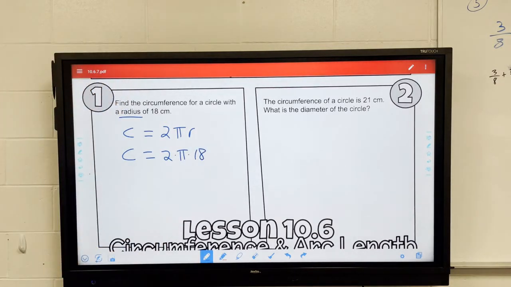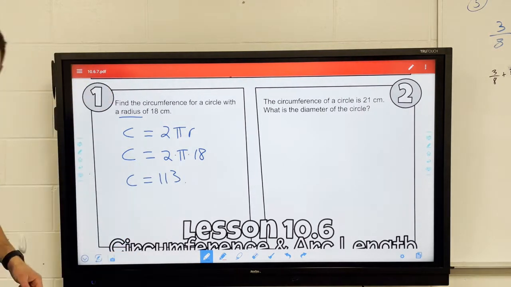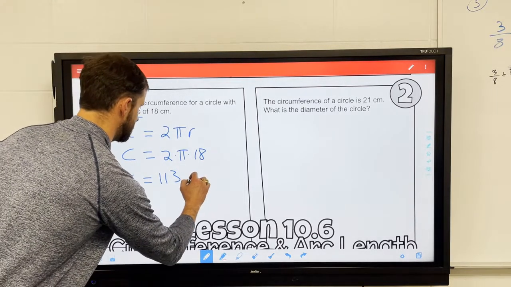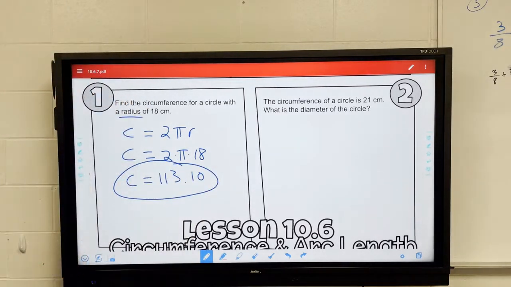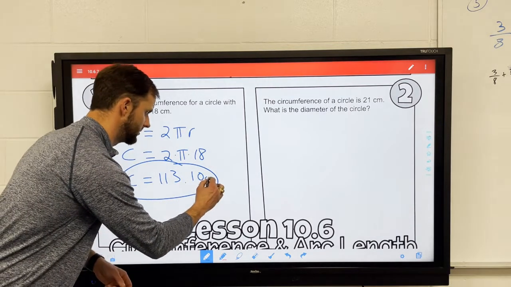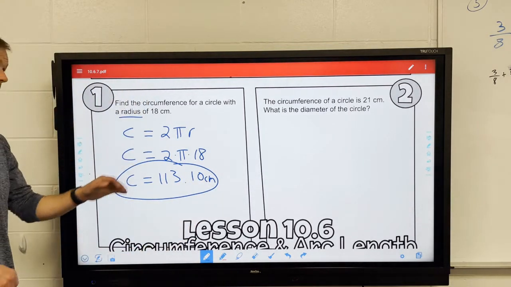That ends up giving me 113.097. I'm going to round that to the tenths place, which gives 113.1. So that would be your circumference, in centimeters all the way around. So about 113 centimeters, pretty simple.